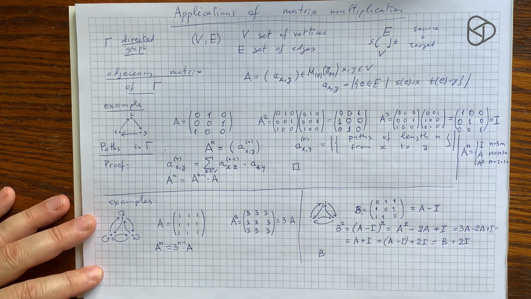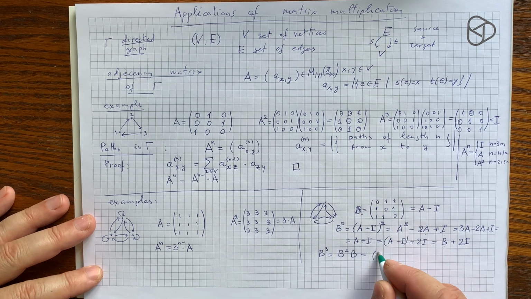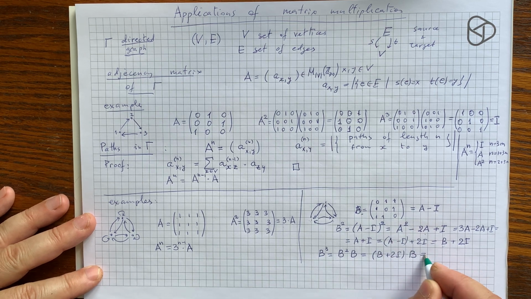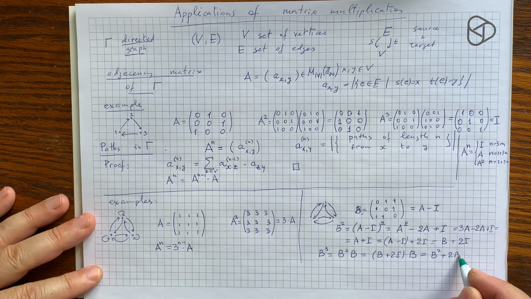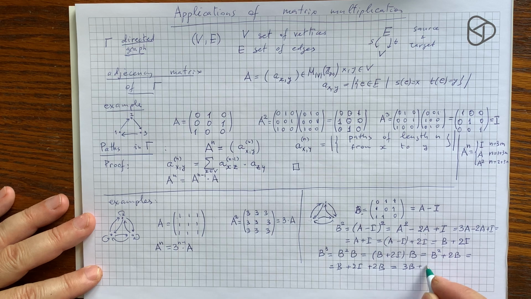So computing paths of length 3, we have to compute the cube, and now we're just using this as a recursion, expanding B squared as B plus twice identity and multiplying it with B, using distributivity, writing it as B squared plus twice B, and then again expanding B squared as B plus twice identity, and then we have 2B on top, and that is 3B plus twice identity.